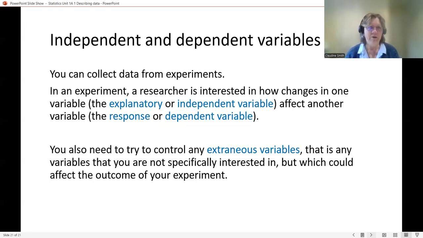Independent and dependent variables. You can collect data from experiments. In an experiment, a researcher is interested in how changes in one variable, the explanatory or independent variable, affect another variable, the response or dependent variable.